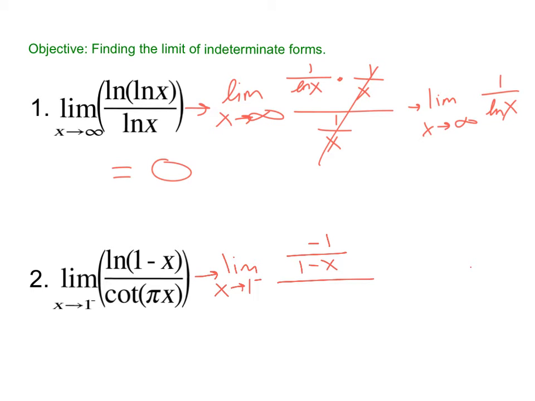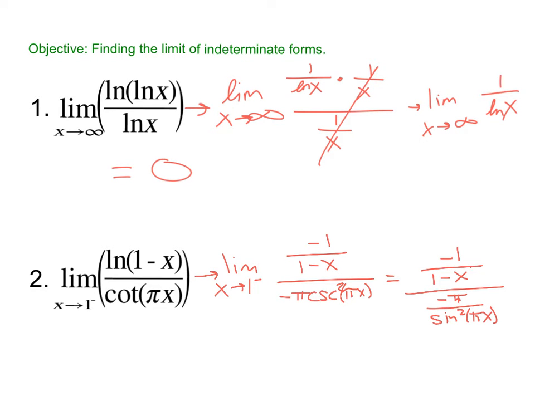Derivative of cotangent is negative cosecant squared. And then derivative of the inside is pi. So now here's the hard part. We need to rewrite this. So this is negative 1 over 1 minus x all over negative pi over sine squared of pi x.